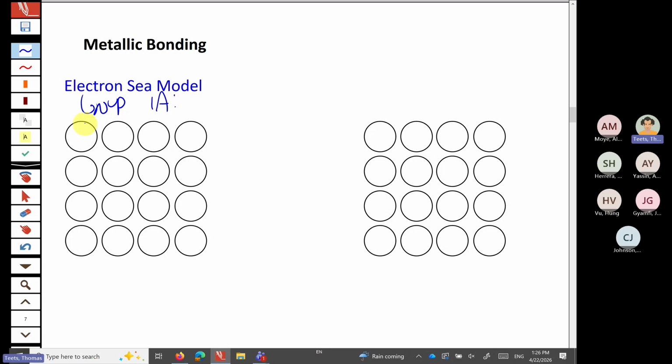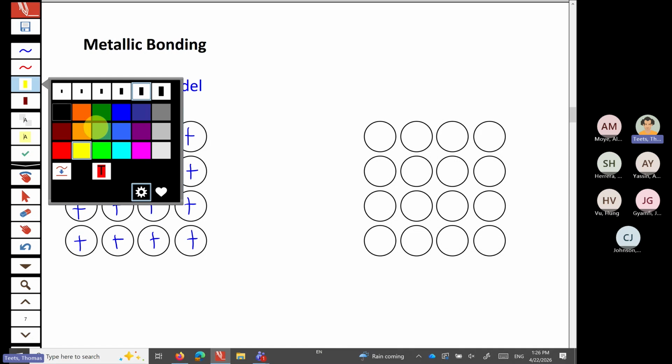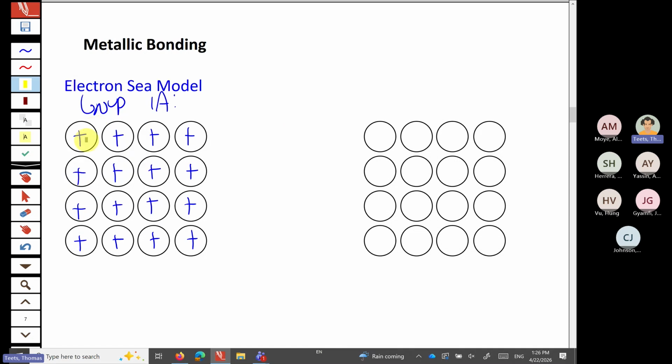So you can think of this as an array of positive cations where all the core electrons are held in place within those cations. But then all of the valence electrons, 1 from each atom, are loosely held and just floating around the structure and holding everything together.